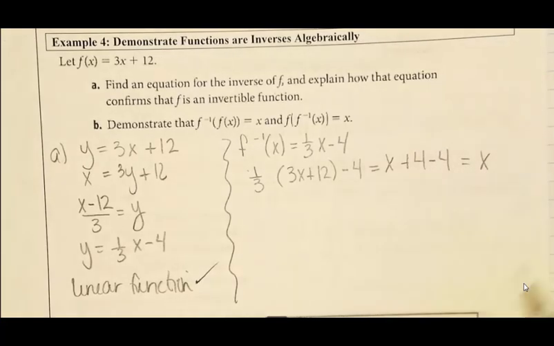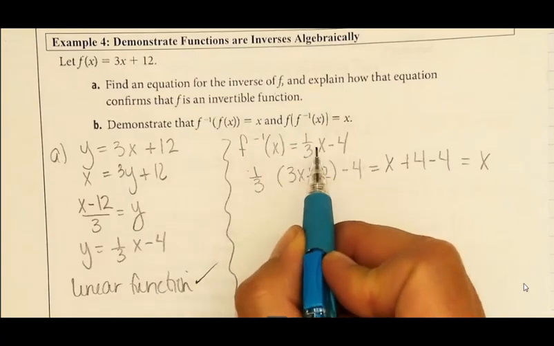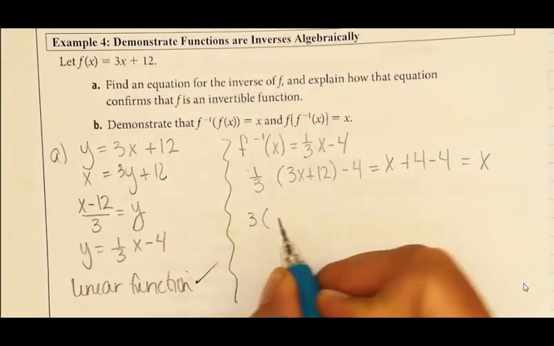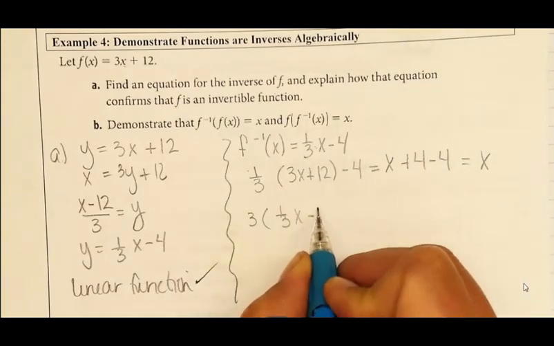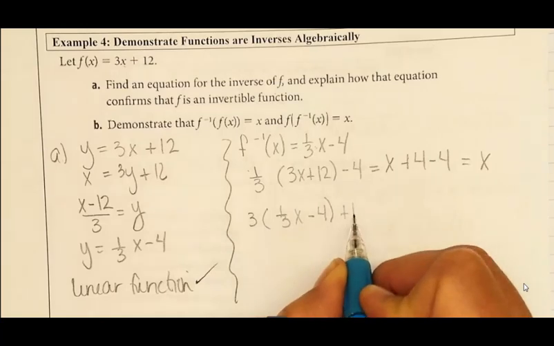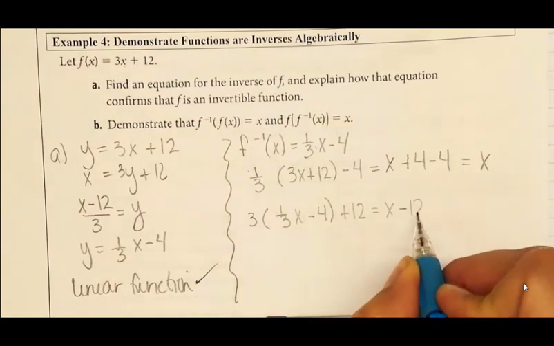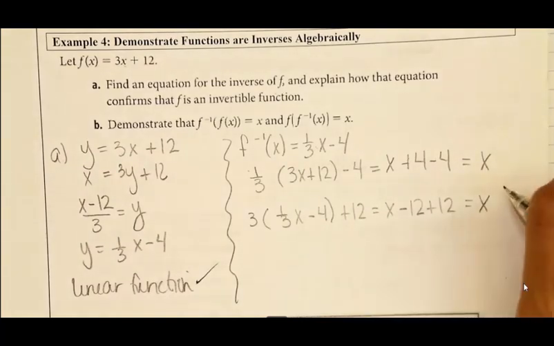And that's going to equal x. And then I'm going to do the reverse, so I'm going to take this function and plug it in here where I see x. I get x. Check.